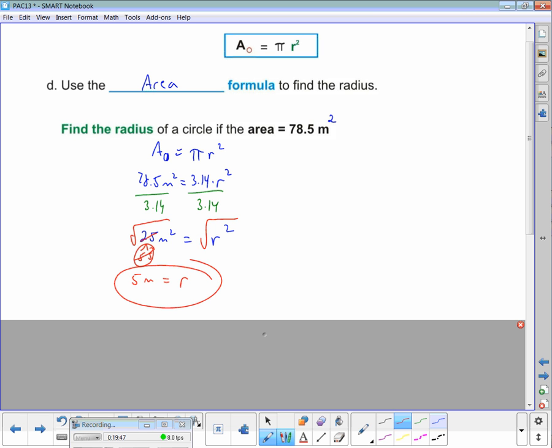So if the number was something you could take the square root of, would you just leave it? I would leave the radical. I would simplify it if I could. Everybody look up here for a moment. What if we ended up with the square root of 40 inches equals r? Well, I'm going to look to simplify this square root of 40. I'm going to factor 2 times 20, a 20, a 2 times 10.